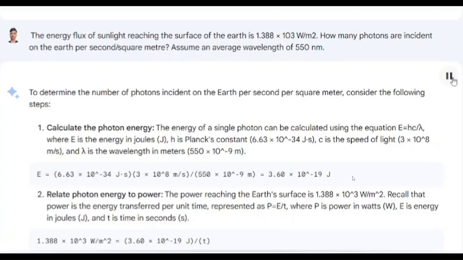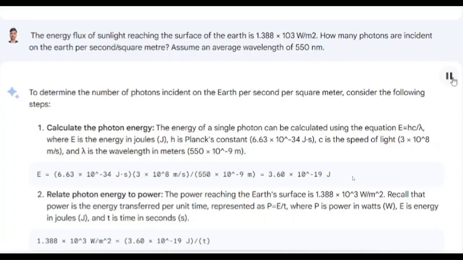E equals 6.63 times 10 to the power of minus 34 Js times 3 times 10 to the 8 meters per second over 550 times 10 to the minus 9 meters, equals 3.60 times 10 to the minus 19 J.